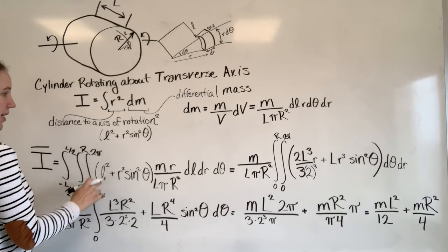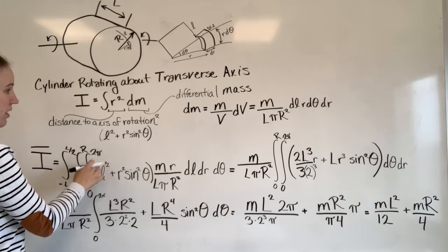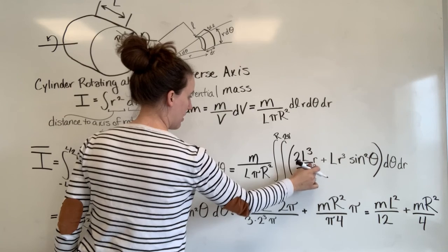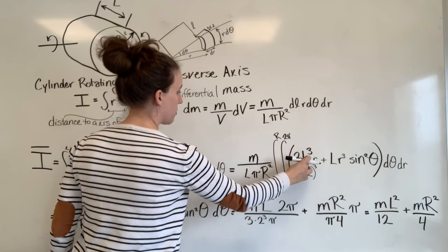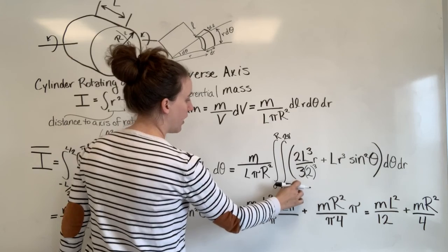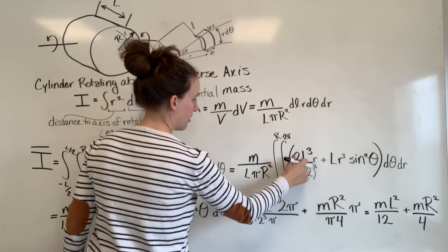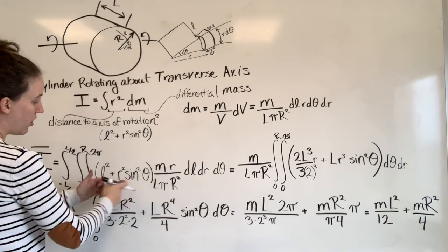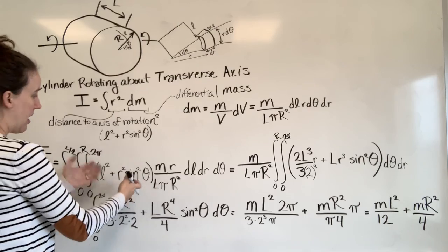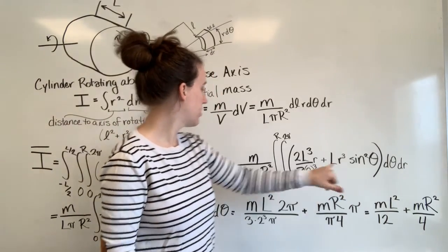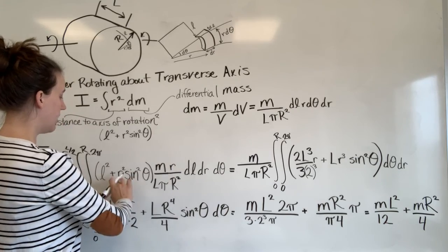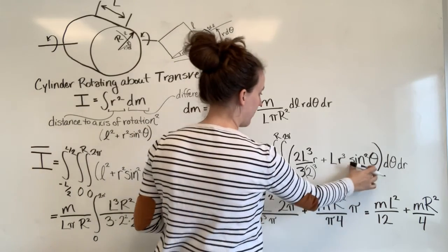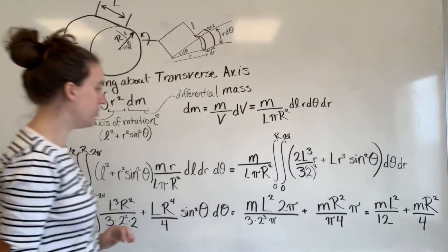Once we put in our L over 2, we'll have L over 2 cubed minus negative L over 2 cubed, and then there's just 2 of them because we have a positive minus a negative. For this term, we're still integrating over L and there's no L here, so we just have L times, and I moved this r into this, so I made this r cubed, and I put all of the constants on the outside. We have our sine squared term, and we have 2 left to do.